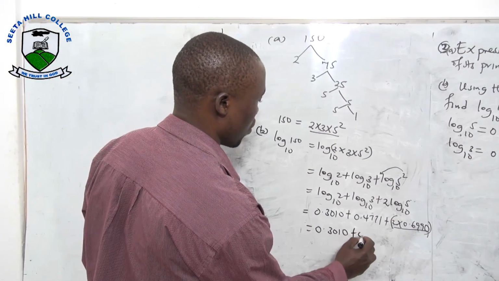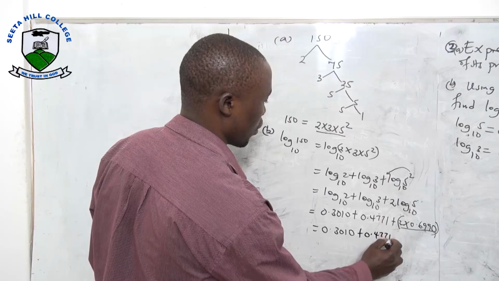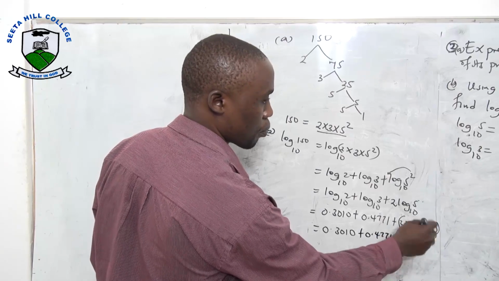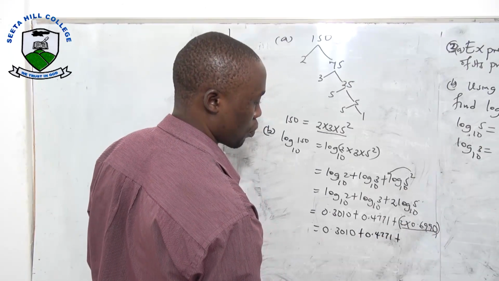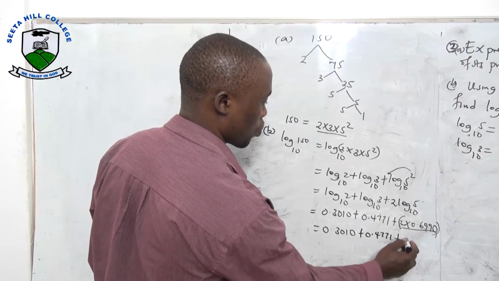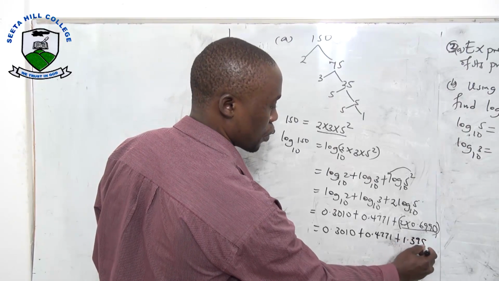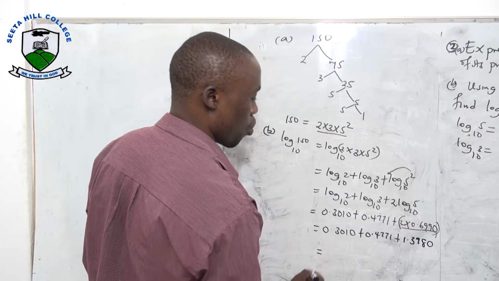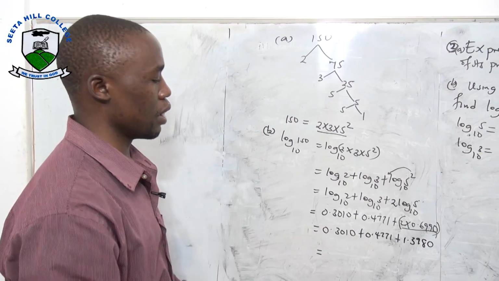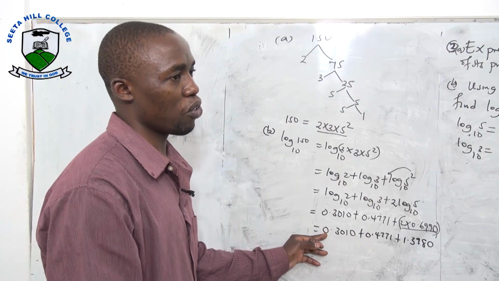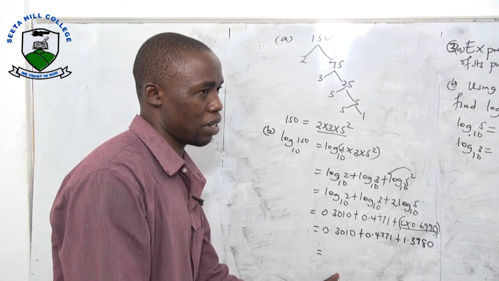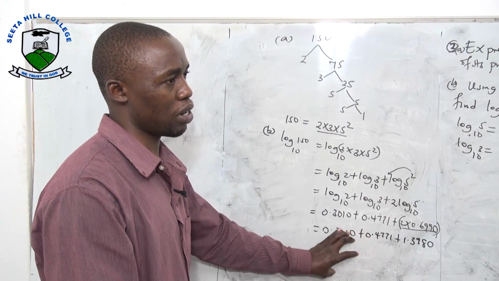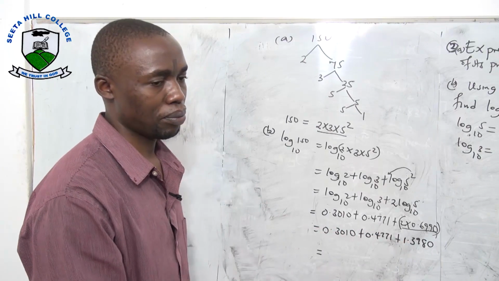So what do you have here? 1.398. Add now. In case there was any negative, you'd be forced to add like we were adding normally, but for positive terms, don't worry. Add with the column.